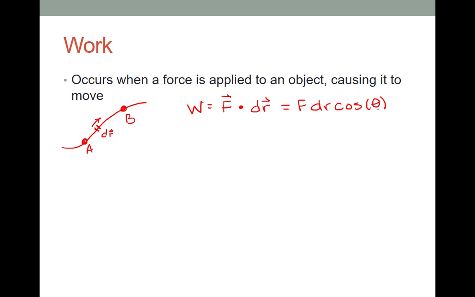And if I want to find the total work to go from point A to point B, that is going to be the integral along the path of F dot dr.